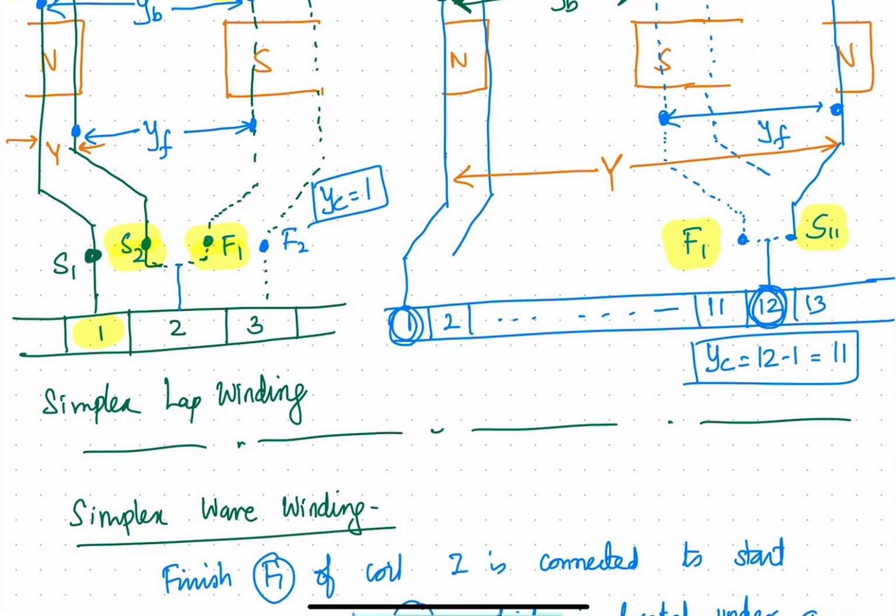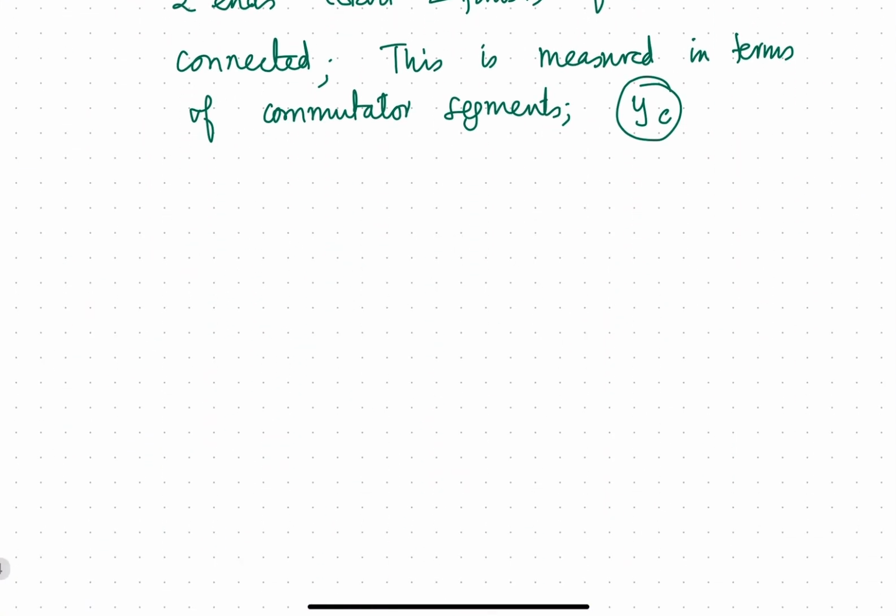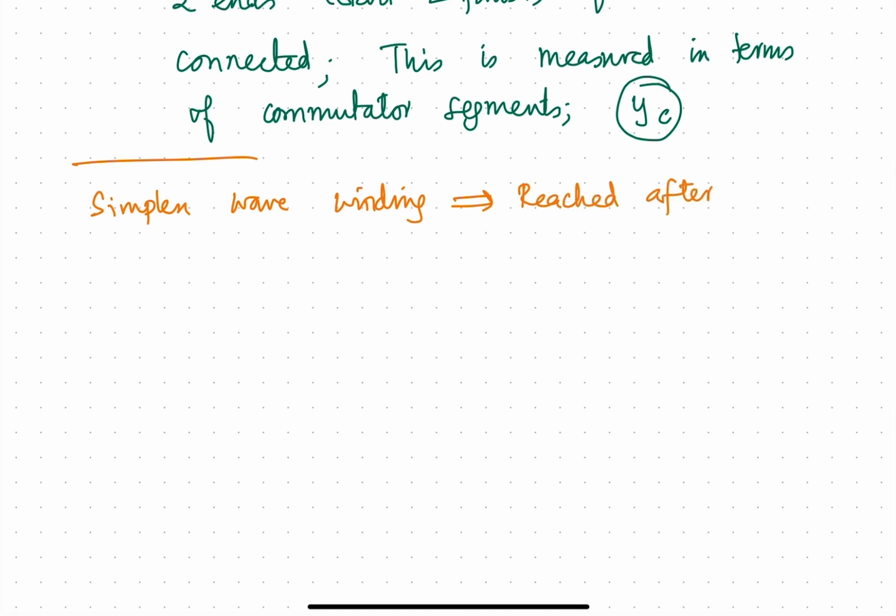So if you analyze this winding arrangement in totality, and if you trace it all over the place, in case of the simplex lap winding, the commutator segment adjacent to the first one is reached after traversing through one coil.